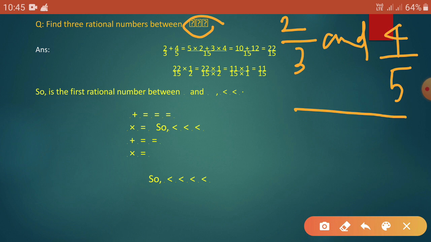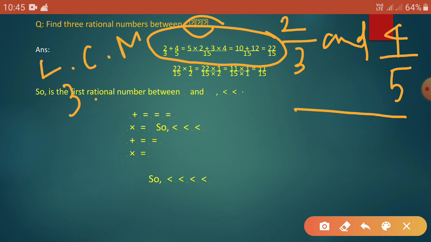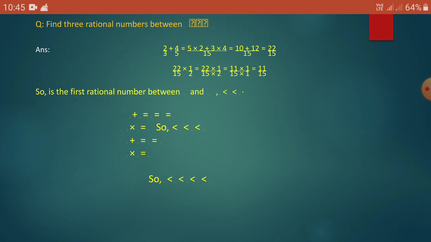Look very carefully: 2 by 3 plus 4 by 5. At first we have to find the LCM of 3 and 5. The LCM is 15, so it is 15 below. Then it is 5 into 2 plus 3 into 4, and we get 10 plus 12 by 15, that is 22 by 15.